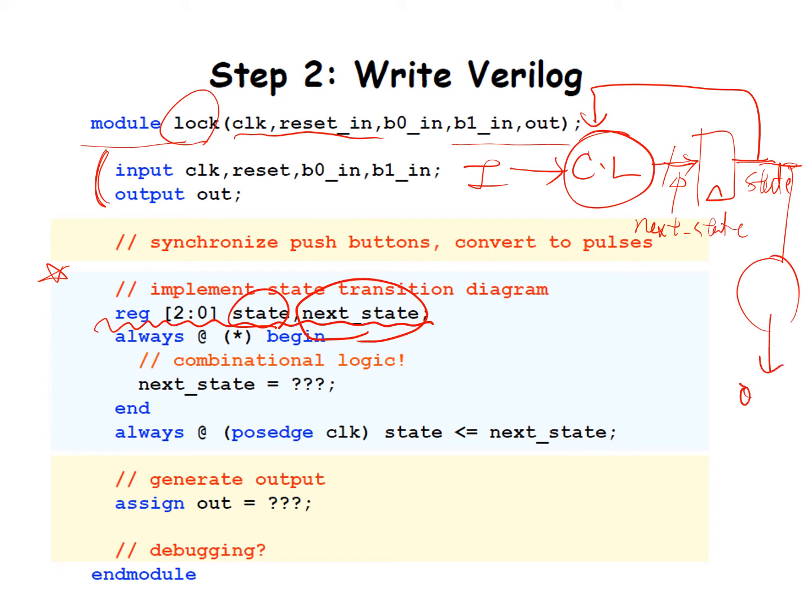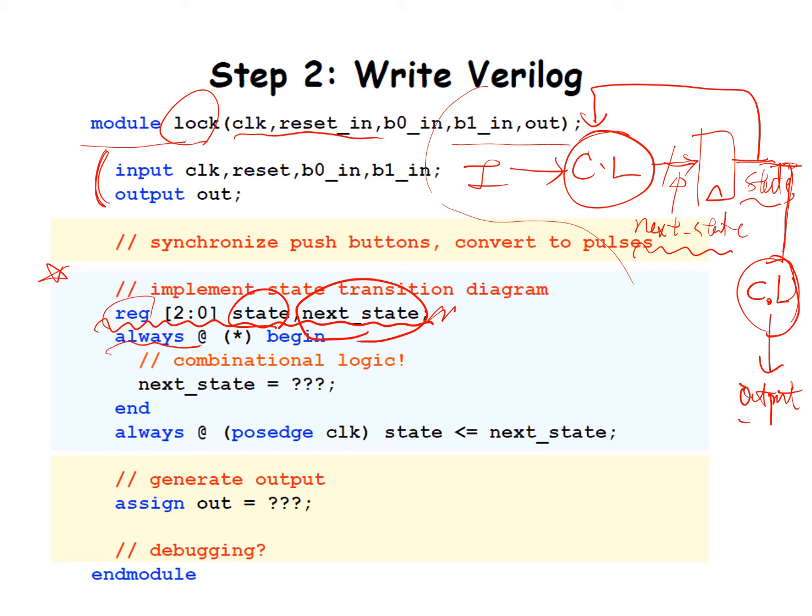The final output will be determined only by the state. The state goes through the combinational logic again to determine the output. This is the big flow to keep in mind. For the flip-flop, we need to define next state and state. We define them as register type because we are going to describe them in an always statement.